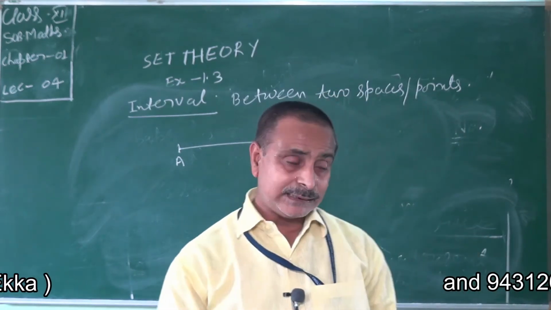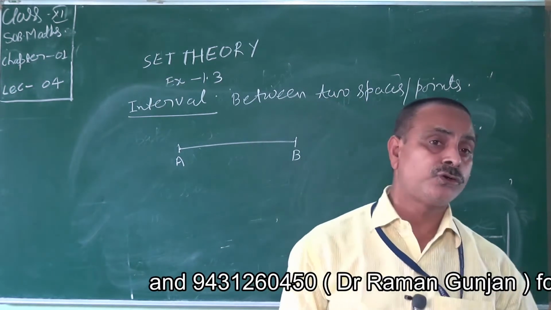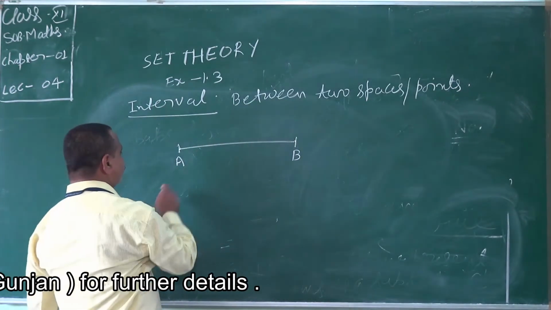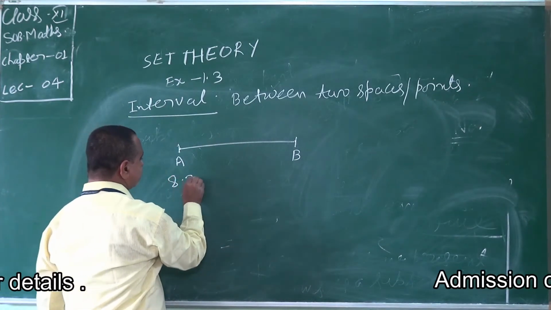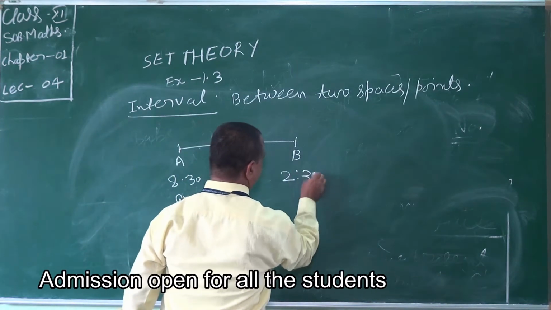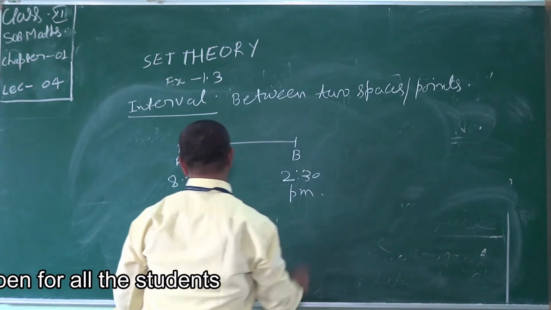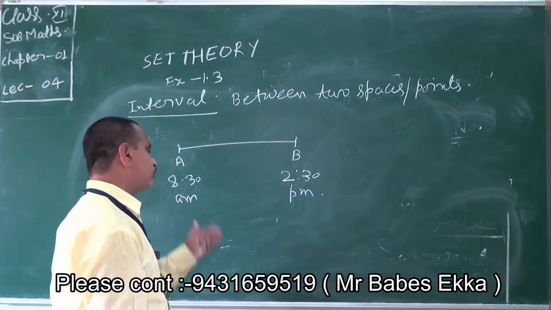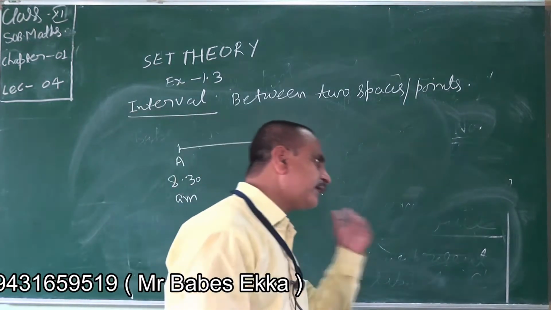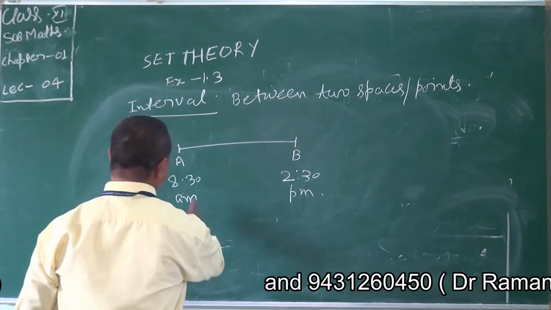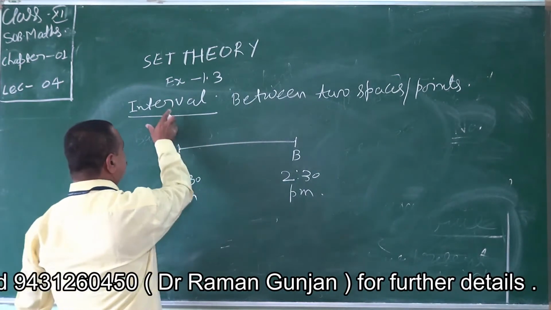So interval means the difference between 2 time periods. Suppose you come to school at 8:30 a.m. and leave school at 2:30 p.m. How much time do you spend in school? By the difference you calculate how many hours you spend in school. This time period is called an interval.